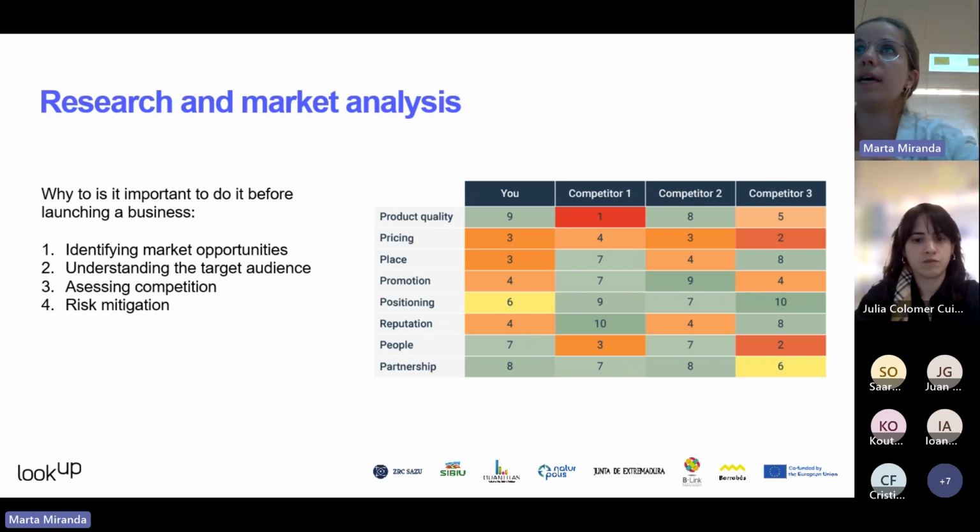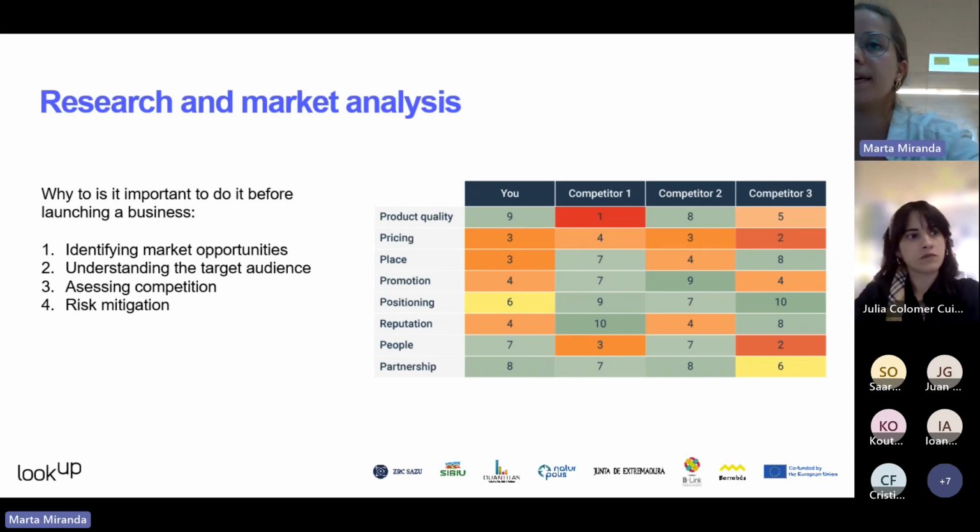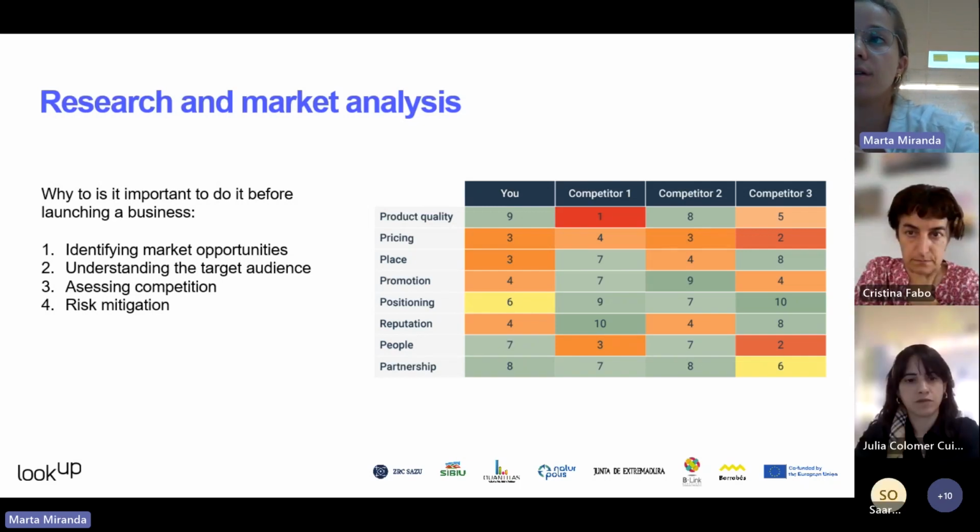This risk mitigation will be covered by Julia in a few moments, but this research and market analysis can help identify potential risks and challenges that might arise in the market. And this in the end will allow businesses to prepare strategies to mitigate this risk and reduce their chances of failure.